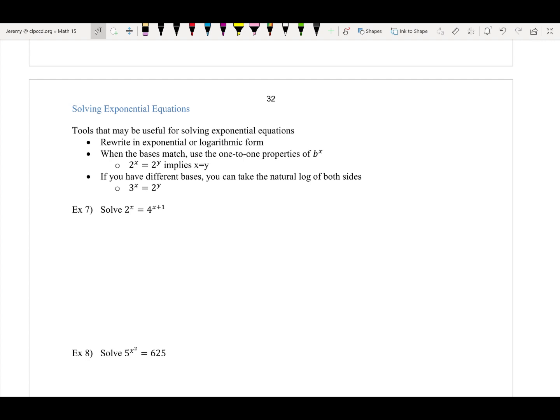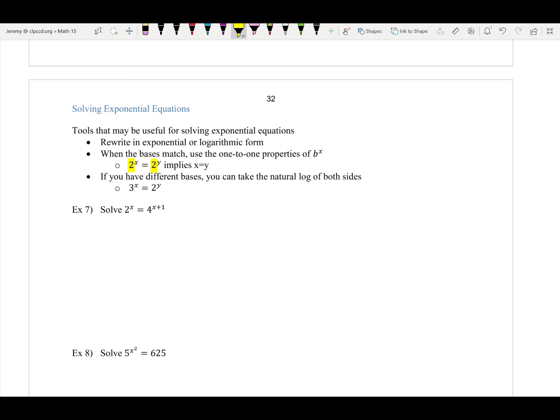So here are a couple tools that are useful in solving exponential equations. Sometimes we'll want to rewrite the exponential equation in logarithmic form. Going between those two different forms can be a useful tool. Common bases is another tool that we'll use. Sometimes we can rewrite an exponential equation so that the bases match.